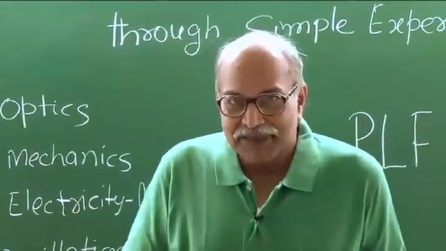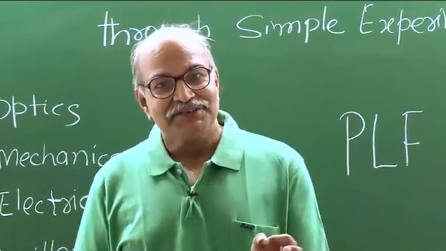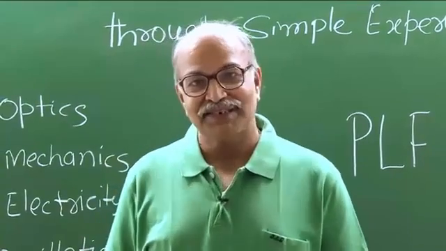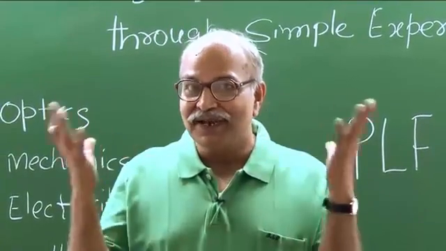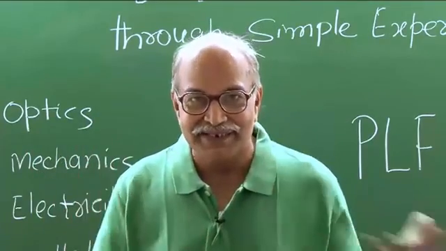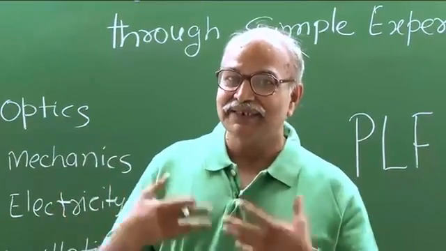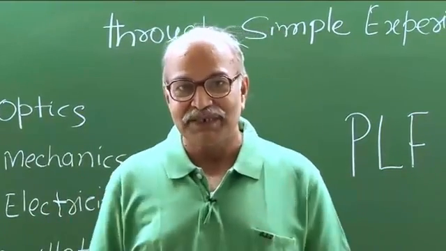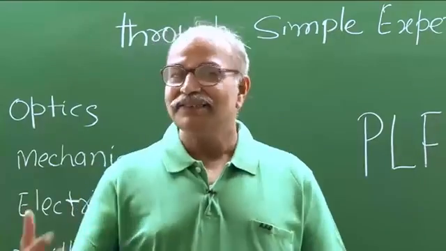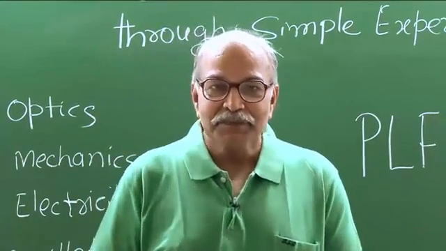Very simple, light. The day someone comes to this planet and opens their eyes, the interaction with light starts. After that we experience so many things about light, we learn so many things about light, and then theories are developed and all other phenomena are there.